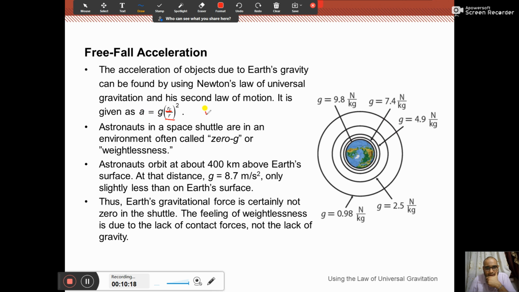R is the total height from the Earth's center to the maximum height of the orbital motion. This ratio squared multiplied by g, which is 9.8, will produce our free fall acceleration.